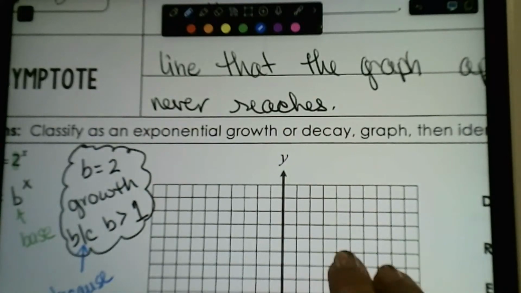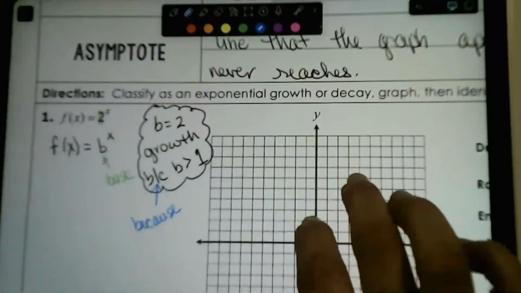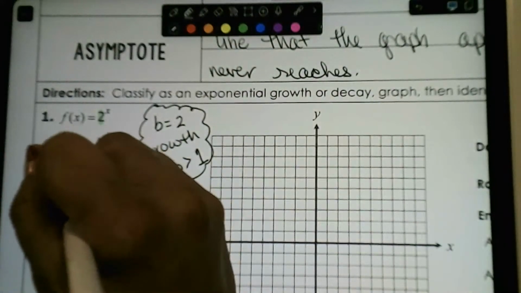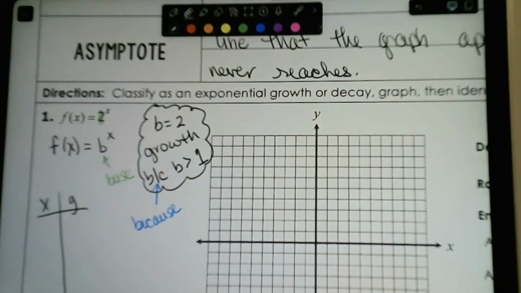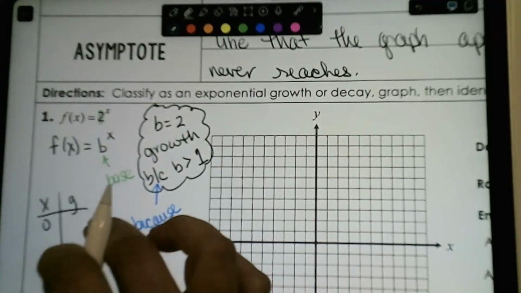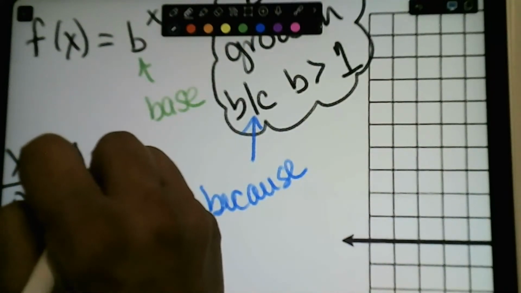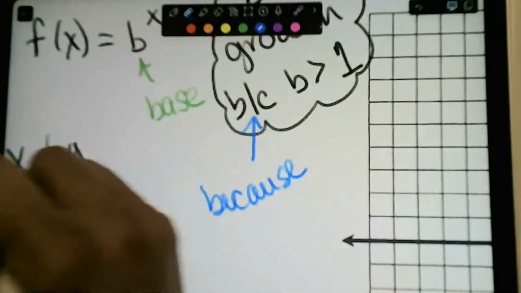All right, let's graph this thing. We don't know yet what this thing looks like, so we're going to default to x and y's. When x is 0, what is y? Remember that our base is 2 and our exponent is the x value.